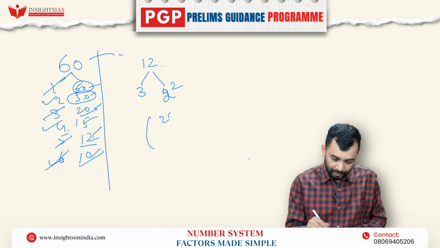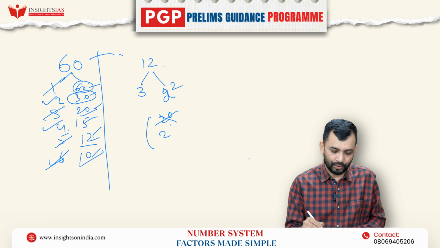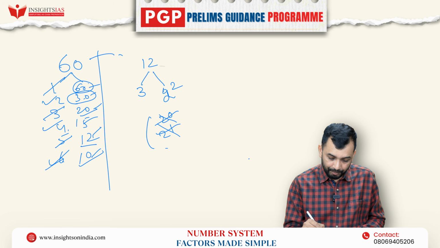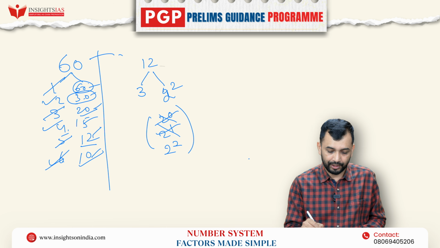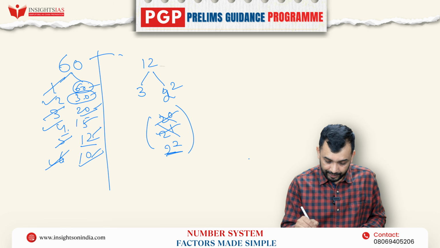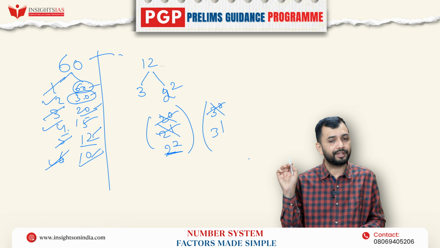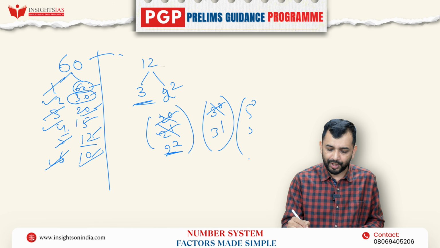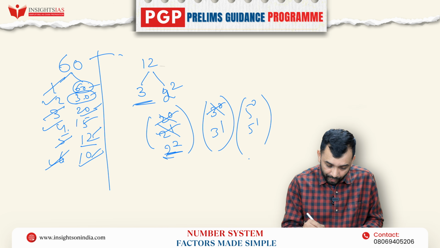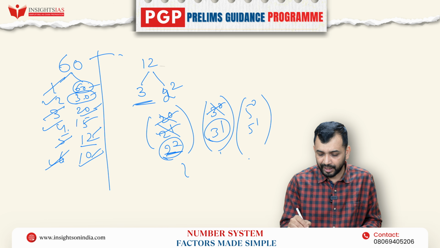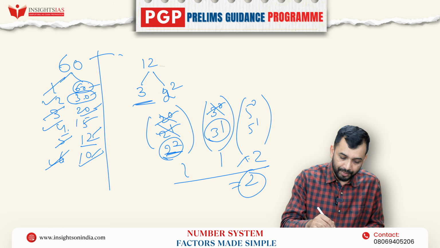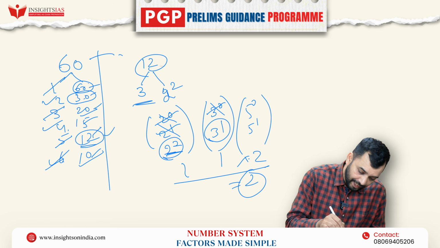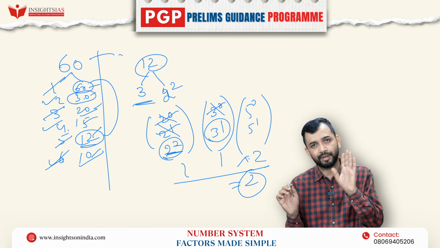So, 2 to the power of 0 you cannot consider, 2 to the power of 1 you cannot consider, because minimum you need 2 squared, that is two 2s. 3 to the power of 0 you cannot consider, because minimum one 3 is required. With respect to 5 we don't care. So, that is one possibility here, one possibility here, then 2 possibilities here. Total 2 numbers are multiples of 12, that is 12 itself as well as 60.